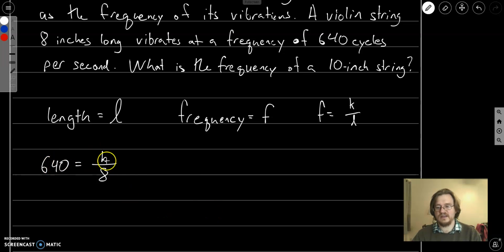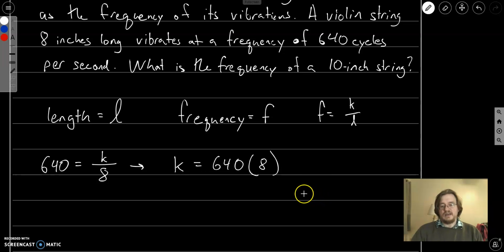So k here is going to be some unknown number. But we can figure out k. If I multiply both sides by 8, I'll have k is going to be equal to 640 times 8. I'll have to do some mental arithmetic here. 640 times 8.